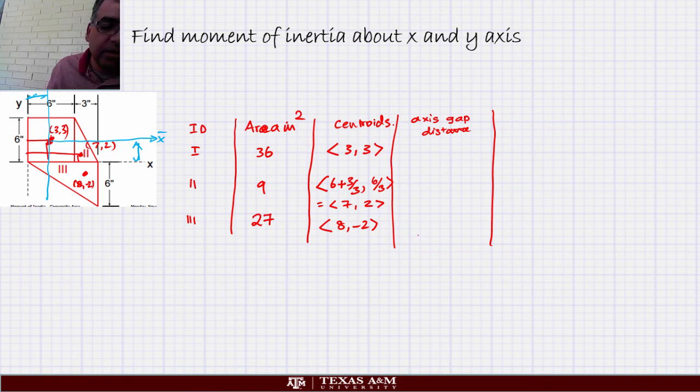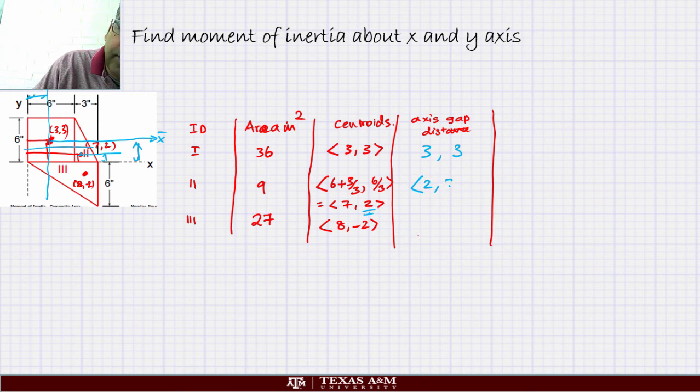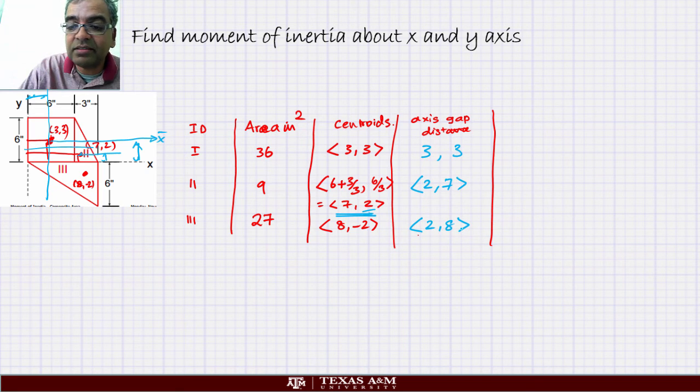Can you see that? So it turns out to be 3 and 3. That's the gap distance. Be careful about this one. The x bar to x gap distance is this height, which is 2. And then the y bar to y gap distance is that one, which is 7. So this will be 2, 7. Notice it's the flipped version of this. And the last one will be 2, 8. We don't care that it's in the negative direction. It's just 2 and 8.